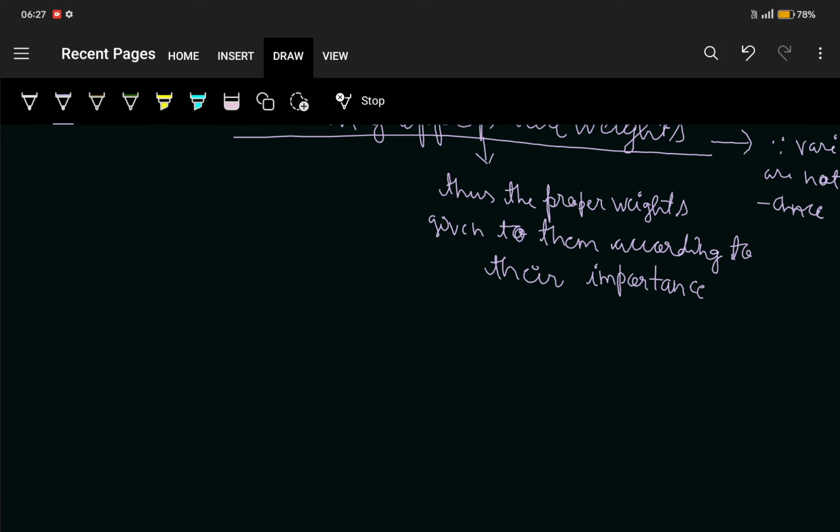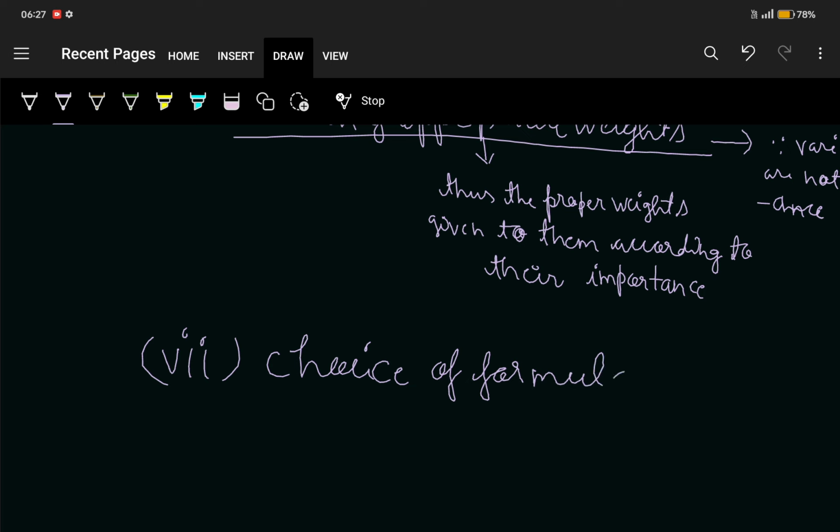And the seventh and last point is choice of formula. We have two types of formula: simple aggregate method and weighted aggregate method for the construction of index number.